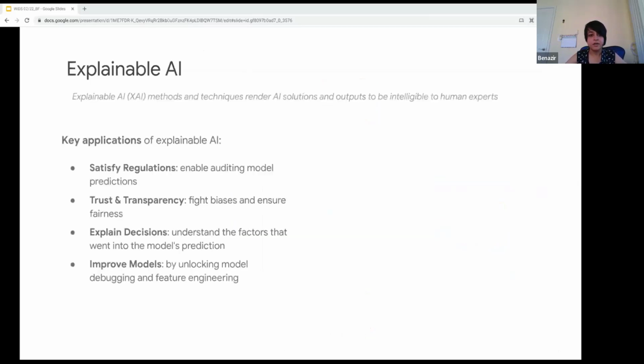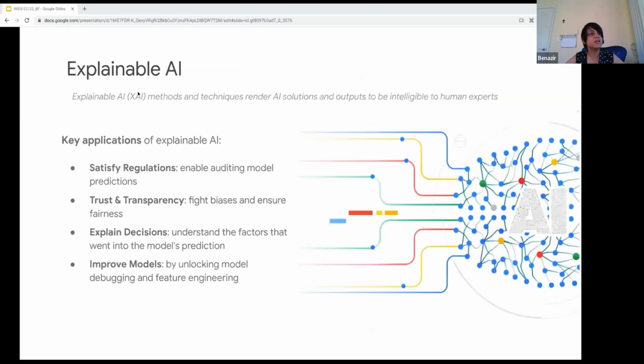Okay, great. One thing I wanted to touch on is explainable AI. Especially in recent times, there are a lot more regulations, and with the increase in use of neural networks and large scale models, it becomes increasingly hard to understand how a model is behaving or why it's serving a particular prediction.